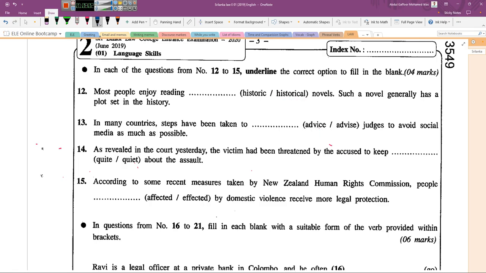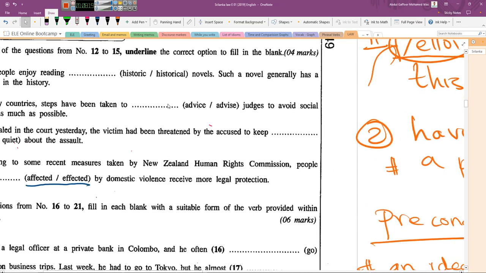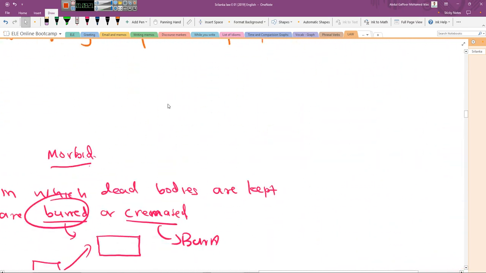The next one is, according to some recent measure taken by the New Zealand Human Rights Commission, people affected, right? What are the differences between affect and effect? So we will just go through affect and effect.